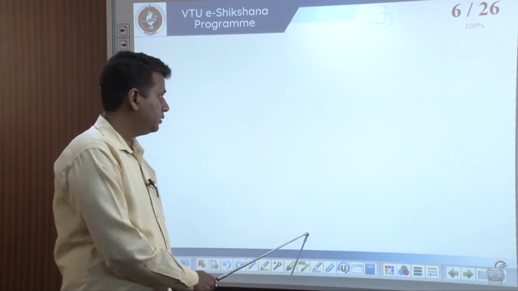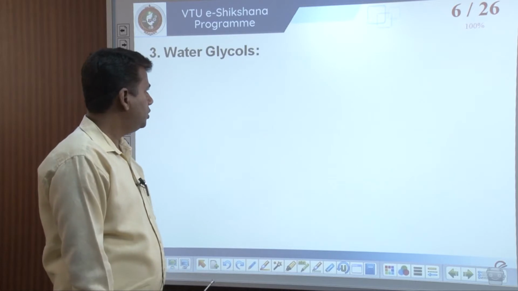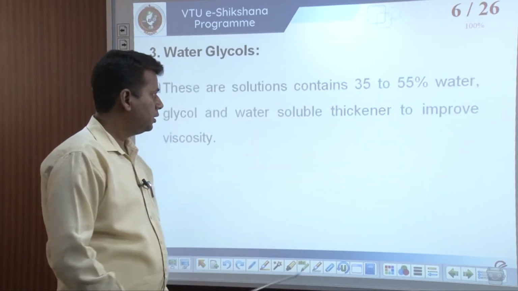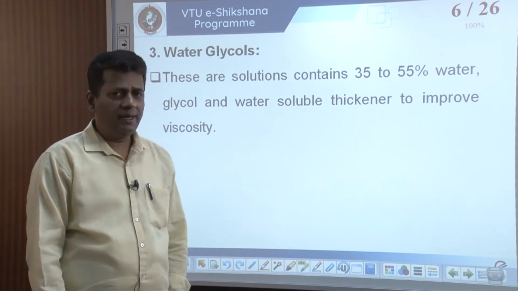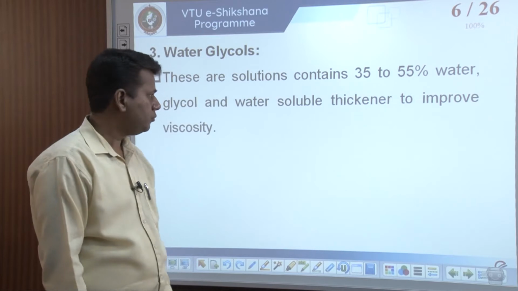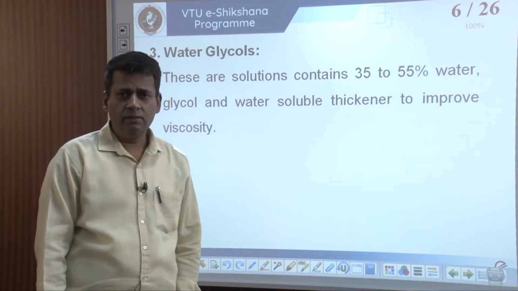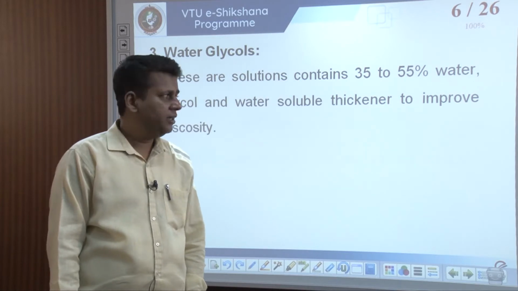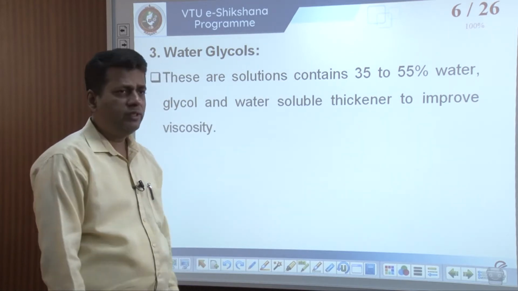Next, we move on to water glycols. What are water glycols? These are solutions containing 35 to 45% of water. They can be thickened, and you can thin them too. This is used to improve viscosity.